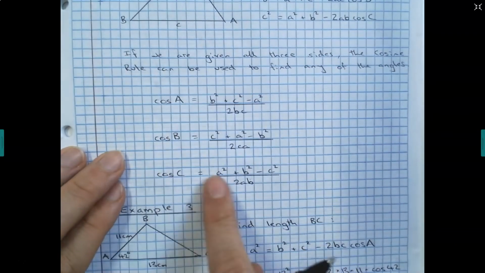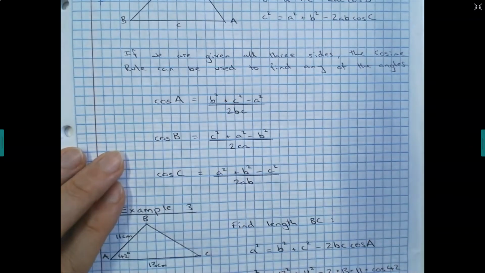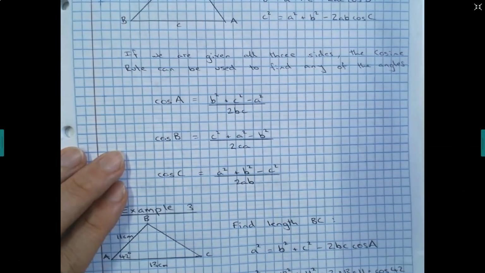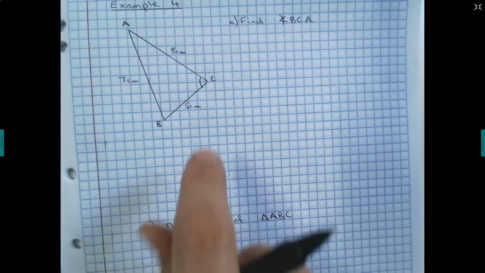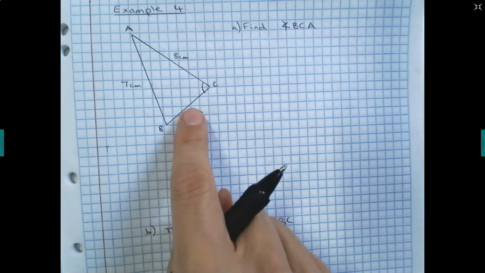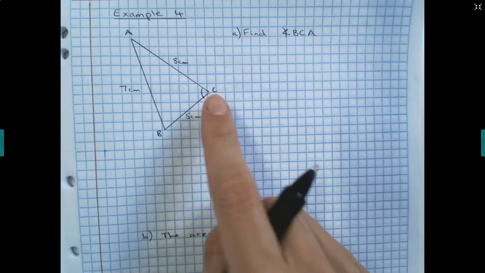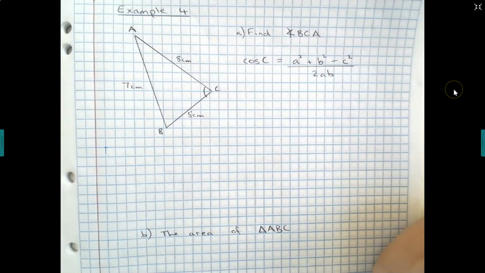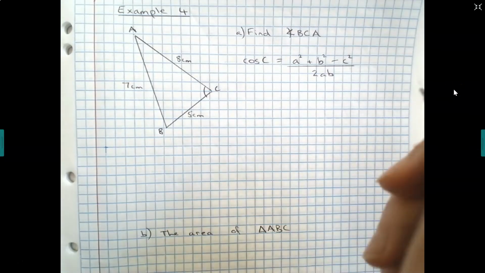Remember we rearranged the cosine rule to this form here, and we can use this to find our unknown angle. Since we have three side lengths given, I can find angle C. Then we just need to substitute our values in.